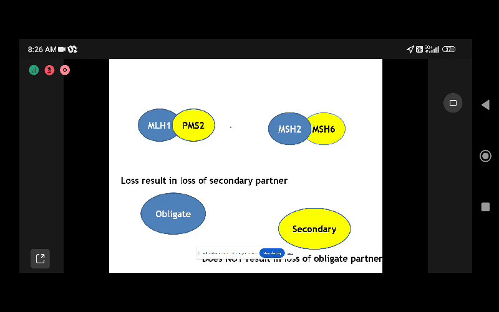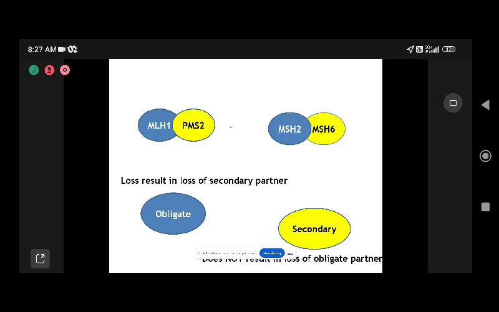If any of these genes is not functioning, either because of a germline defect or because of epigenetic silencing of the gene, that leads to mismatch repair deficiency. Those errors of replication are not corrected, so they remain in the DNA. These are errors which are also seen in microsatellites, so they lead to microsatellite instability.